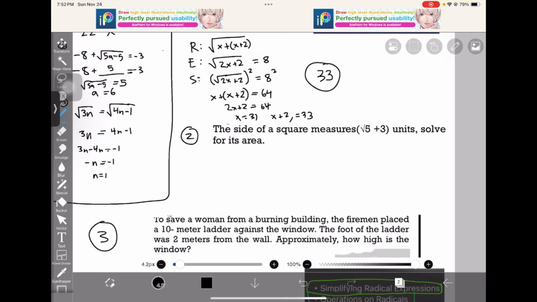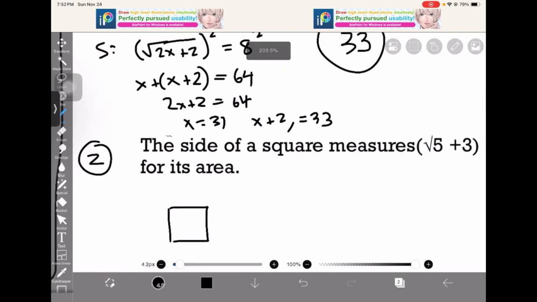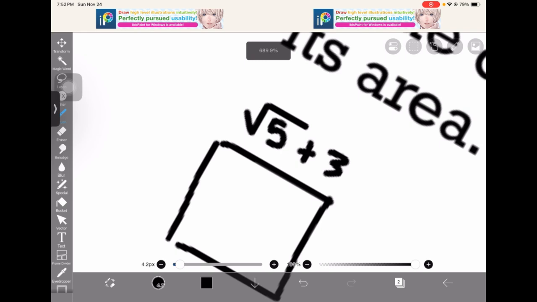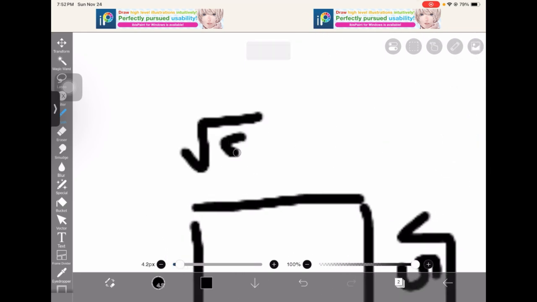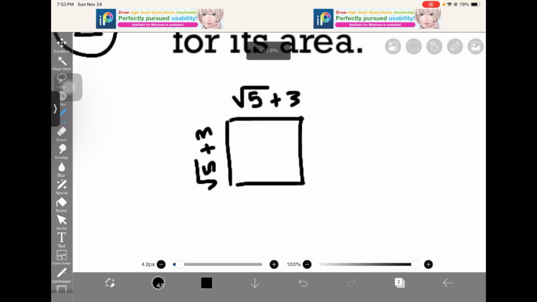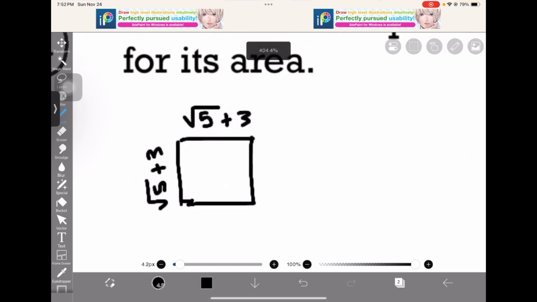Next, the side of a square measures square root of 5 plus 3 units. Solve for its area. So we know that a square has equal sides, which means all sides will be equal to square root of 5 plus 3. So let's just do this real quick. To find the area, we just multiply a side by another side, which are just the same.